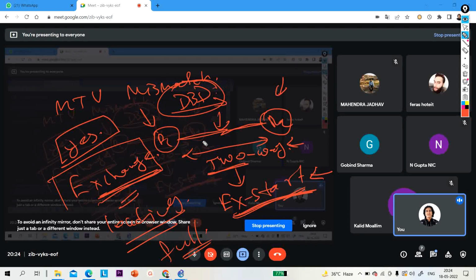At CCNA level, neighborship will not get stuck in two-way state, right? There are a lot of things. There are some more concepts in two-way state. Neighborship can get stuck in two-way state even if I am using a point-to-point link, but it is very critical.